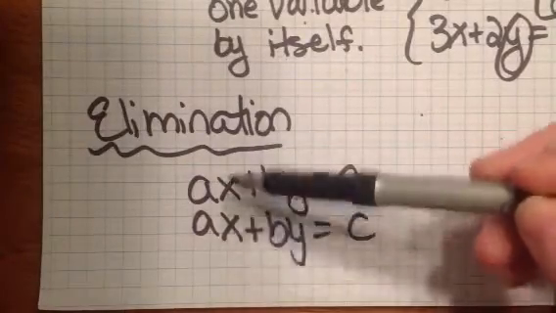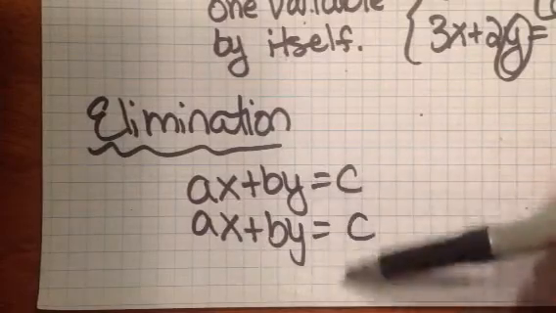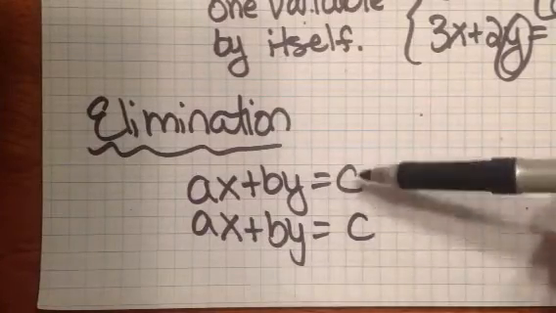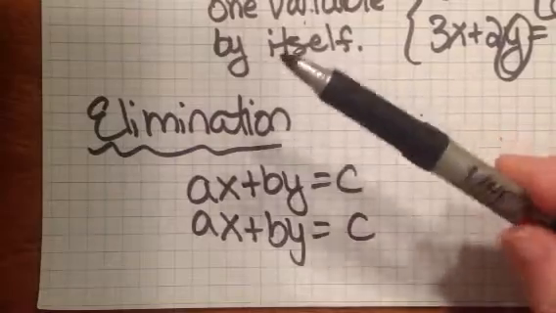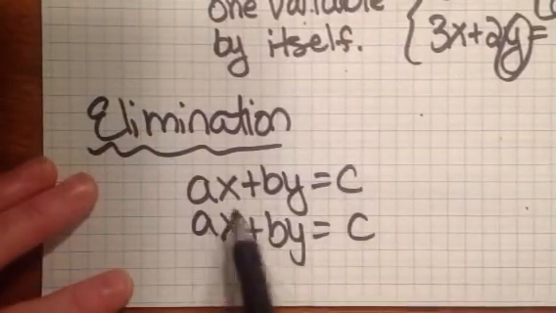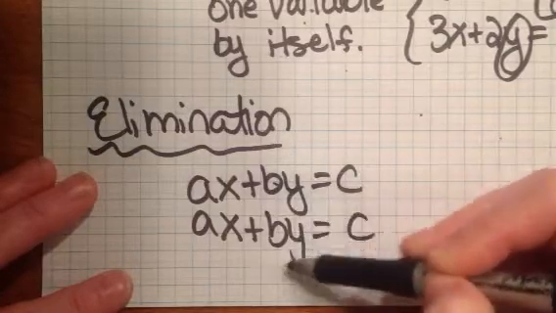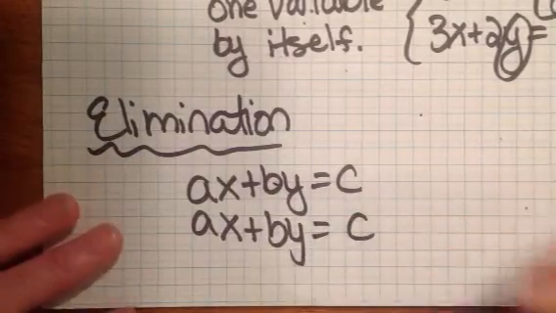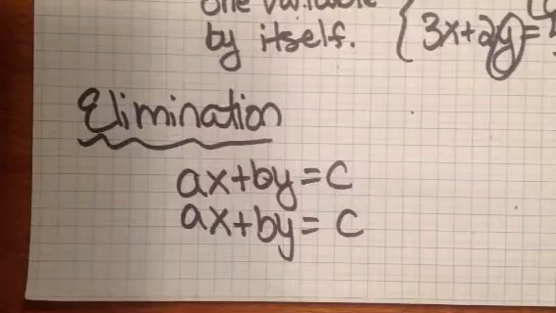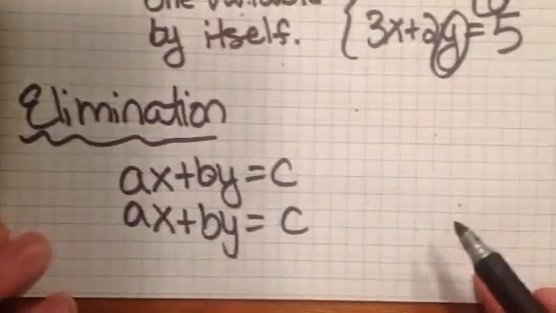So you have your x terms, your y terms, your equal signs, and then your constants on the right-hand side. In an ideal situation, one of these variable terms would go to 0, eliminating either the x or the y. In some situations, you have to do a little bit more work to make that happen.